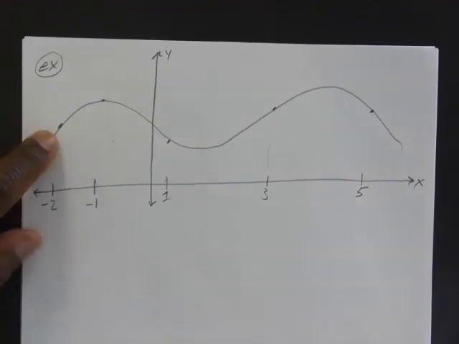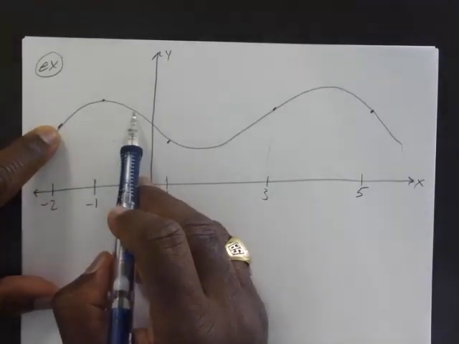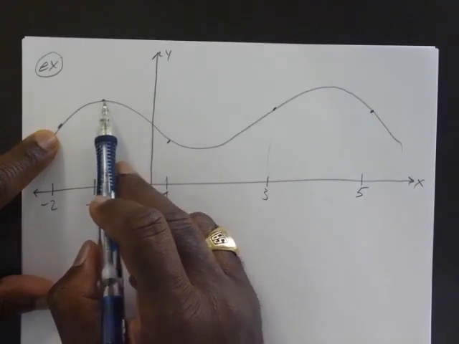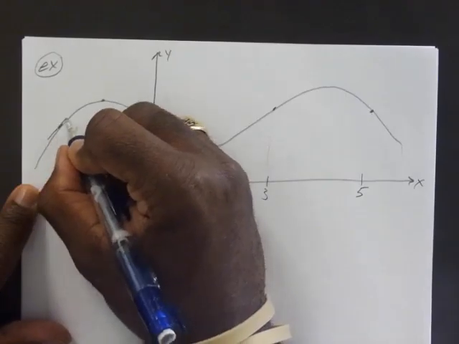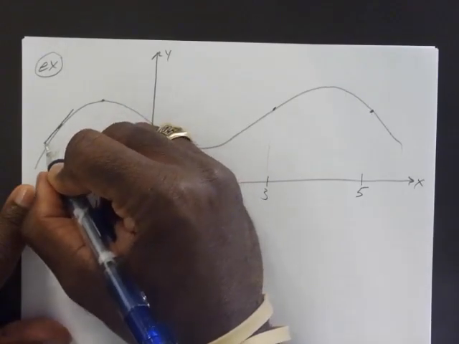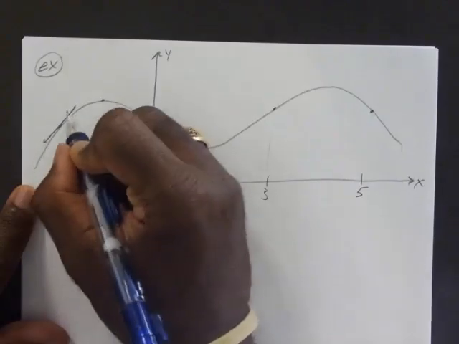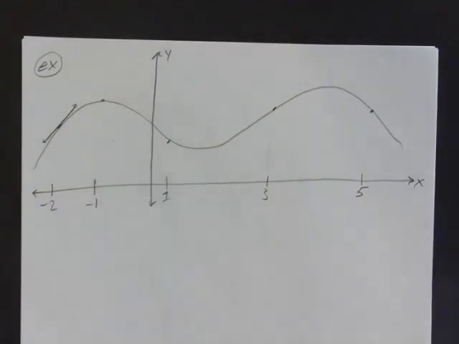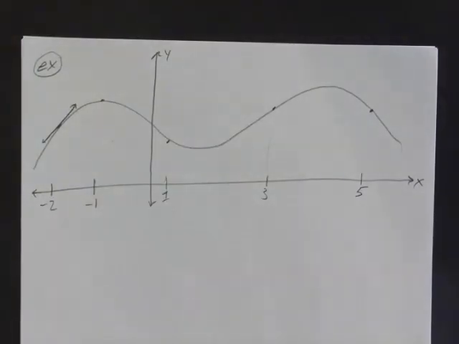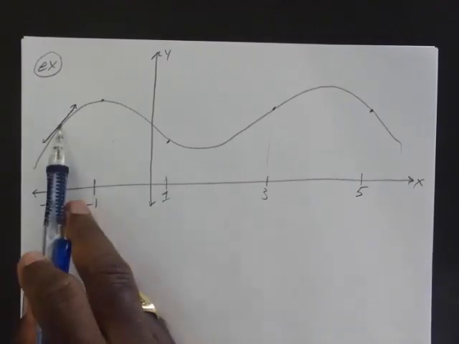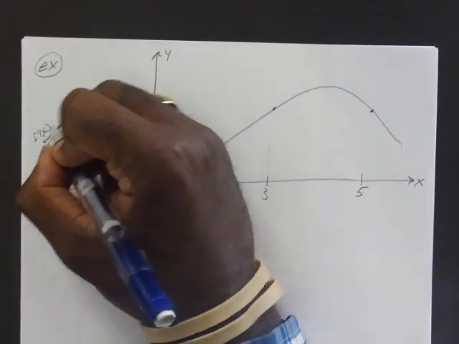Okay. So let's look at x equals -2. If we had a secant line at any point, and we moved it closer and closer to that one, we'd have a tangent line that looked like this. We kind of touch it at just that one spot. So because it's going up and to the right, we know the slope of that tangent line is positive. Or you can just say that f prime of x is positive.